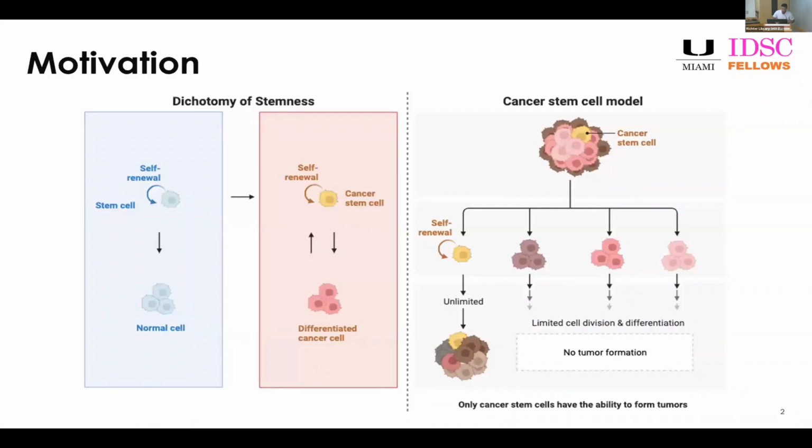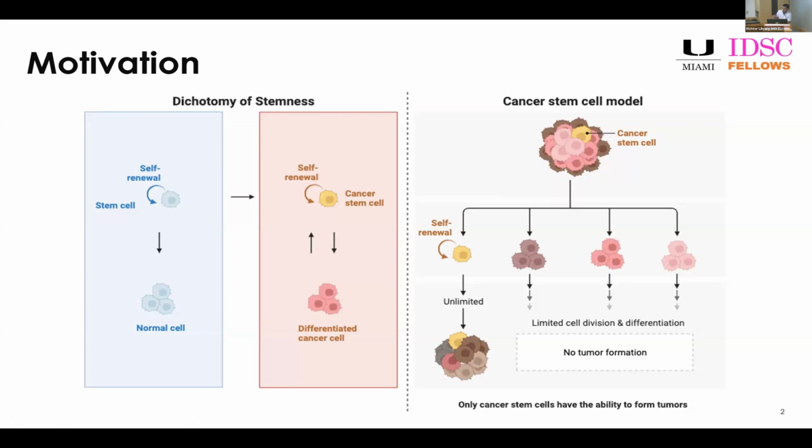As a brief primer, whenever we think about a solid tumor, all the different cells within a tumor are normally different, in the way the genome and the epigenome change.